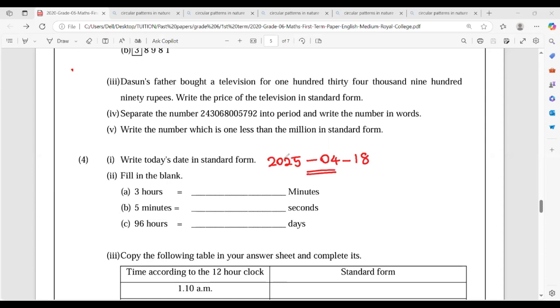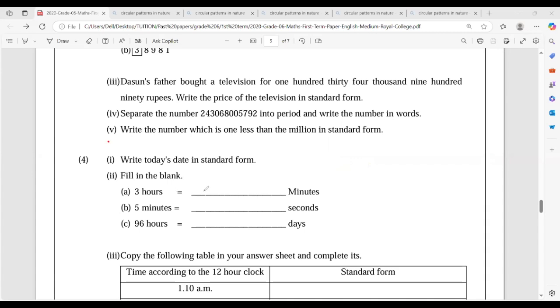You have to use 4 digits for the year, then a small dash, 2 digits for the month, and a small dash, and 2 digits for the day.